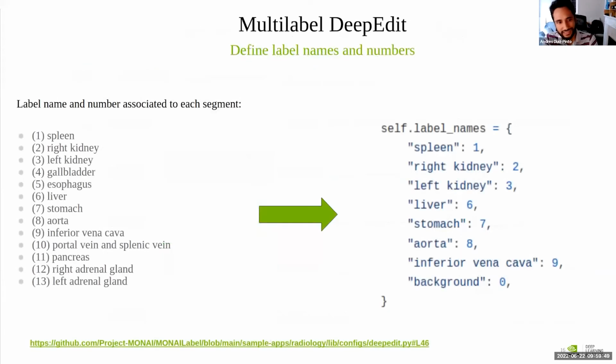This is just an example of how you define the labels, right? This is a dictionary where you define, I want to work with these labels: spleen, right kidney, left kidney, liver. If you don't want to work with all those labels, you just remove the names and adjust the numbers according to the labels that you have. So this is just an example.